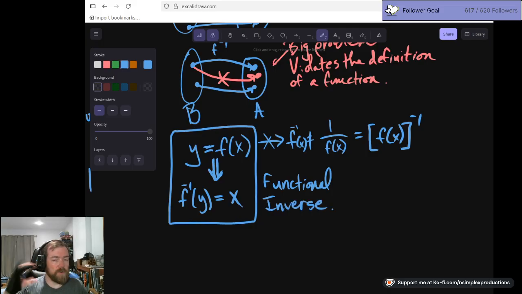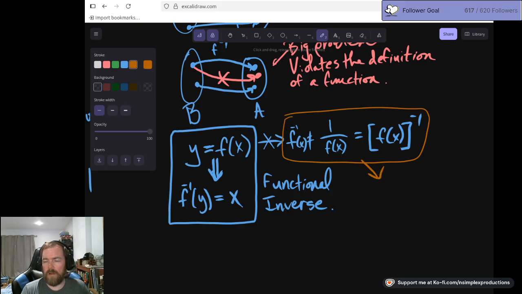So this is the functional inverse. You're essentially turning this thing inside out. Whereas, again, this stuff up here, this is the multiplicative inverse, where if you multiplied f of x and 1 over f of x, then you end up with 1. Asterisk, you need to make sure that the denominator is never going to be 0.